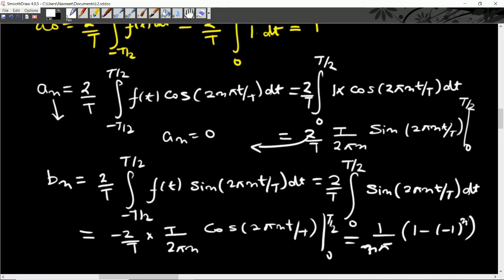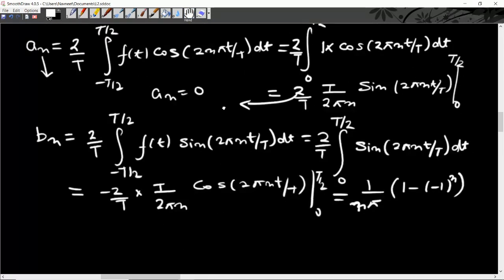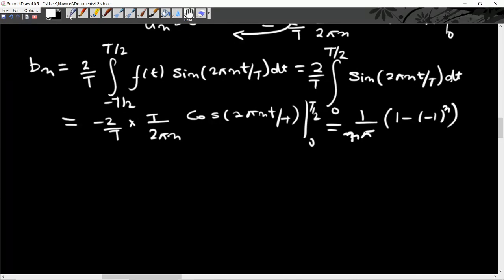So for n that is odd, it takes on value of minus 1, and for n even, cosine of pi n will give a value of plus 1. Therefore the coefficients bn are 0 when n is even and 2 over n pi when n is odd.